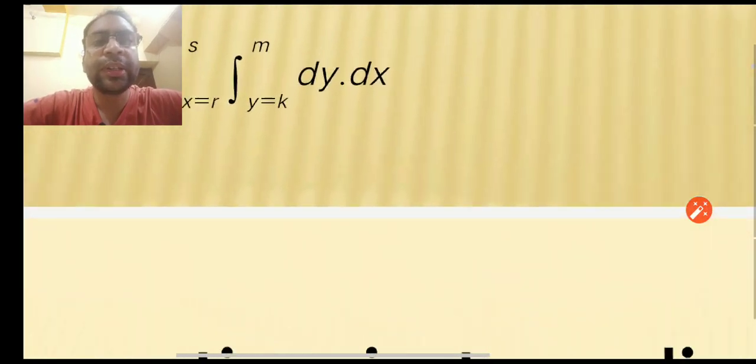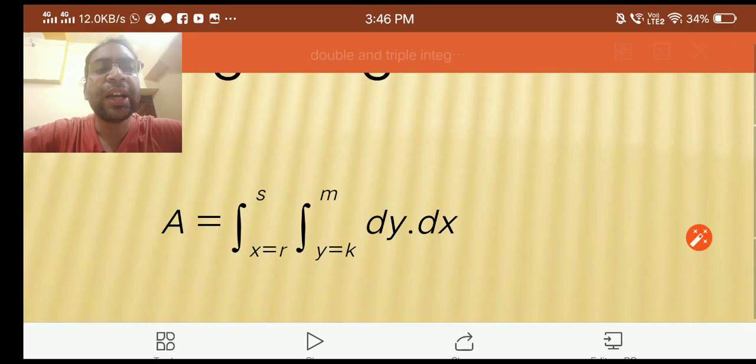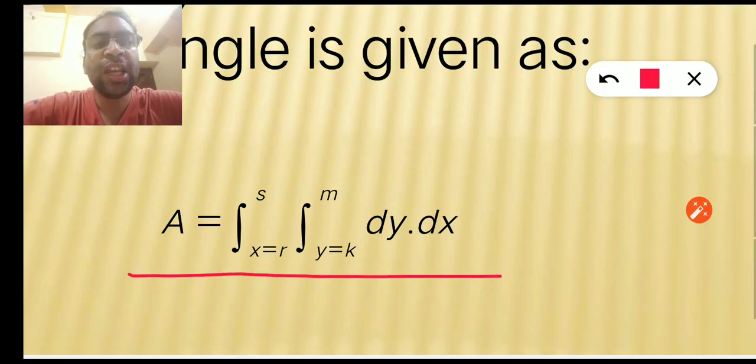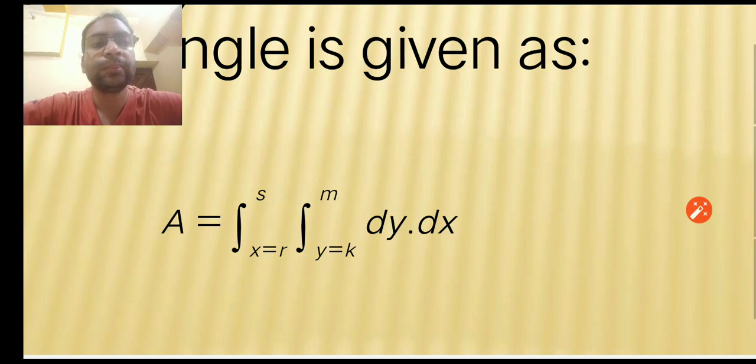This summation can be represented by integrals. So the same summation can be represented by the integral in the way dy, where y will begin from k to m, and x will begin from r to s.